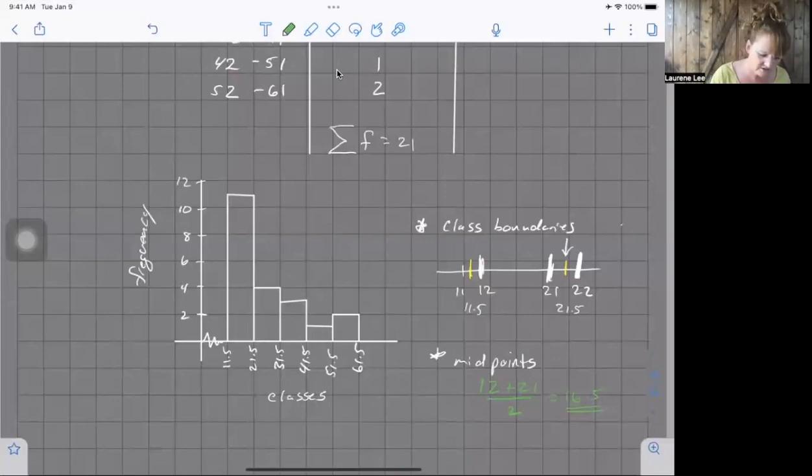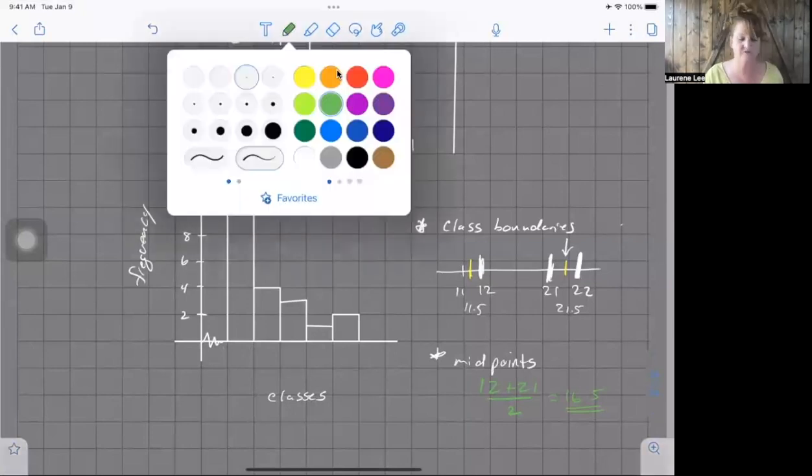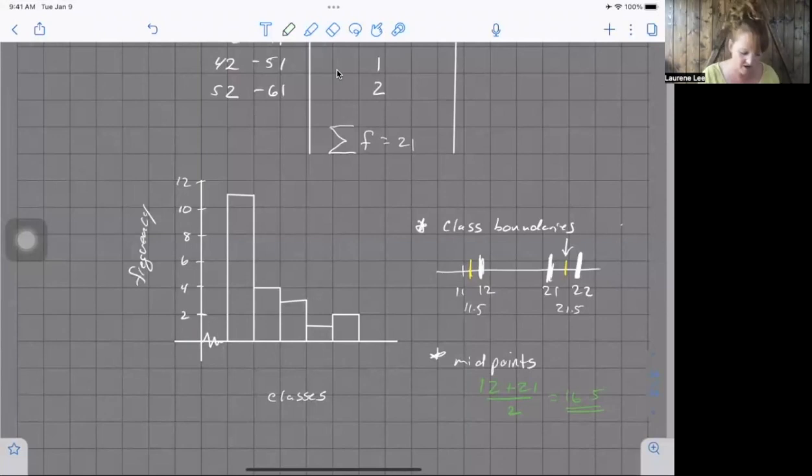Now you're choosing one or the other, either class boundaries or midpoints. So I'm going to erase my class boundaries. This is option 2. We're going to use midpoints. Now, they're midpoints, so you've got to mark them in the middle of the bar. So this middle point right there is going to be 16.5.